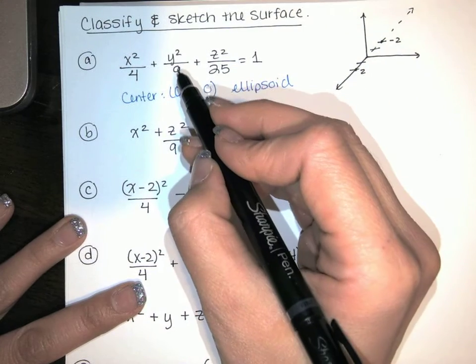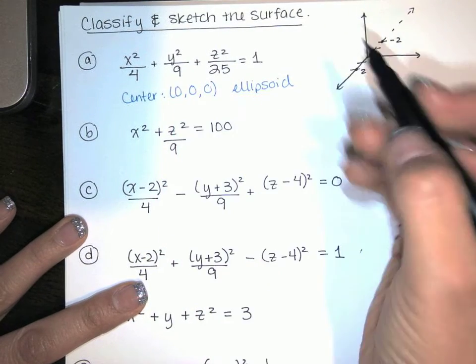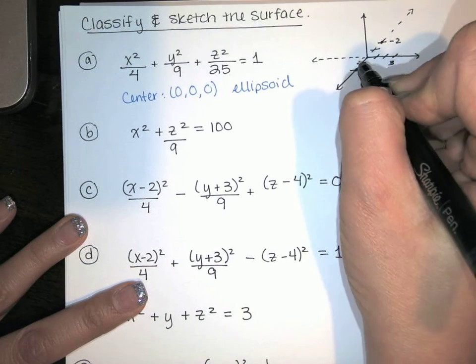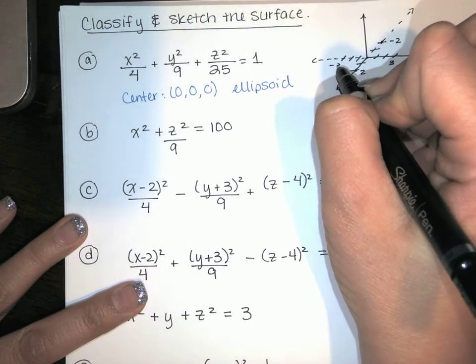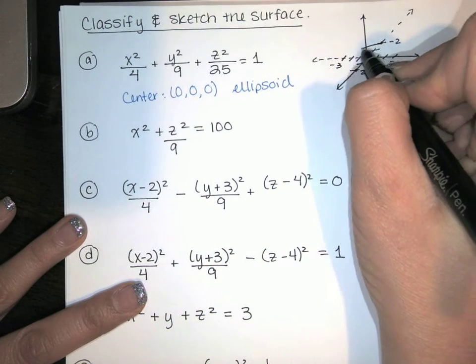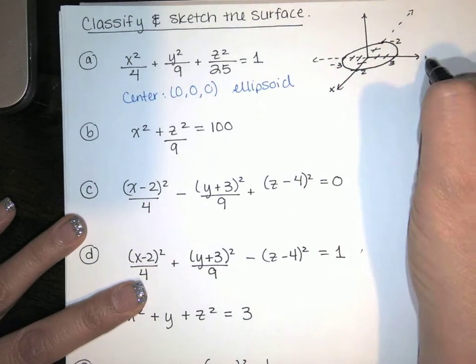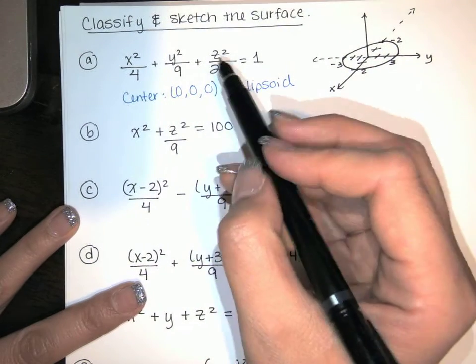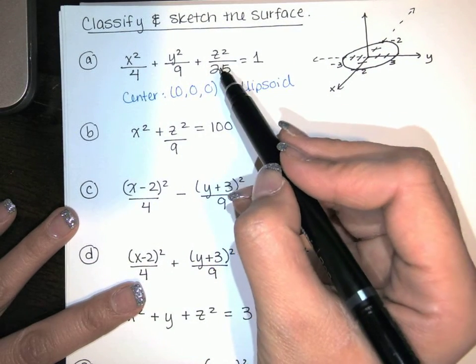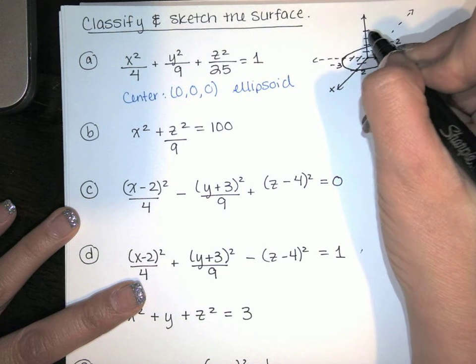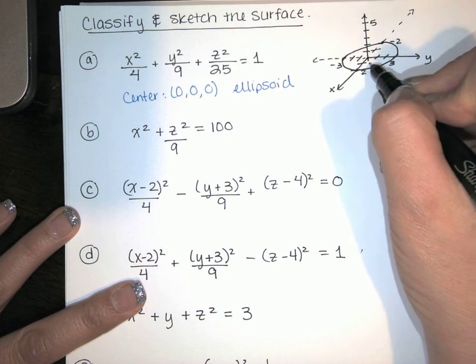And then since there is a 3 squared under the y, we're going to go plus and minus 3 units in the y direction. So we end up with this ellipse in the xy plane. And then since there is a 5 squared under the z, we're going to go plus and minus 5 units in the z direction.